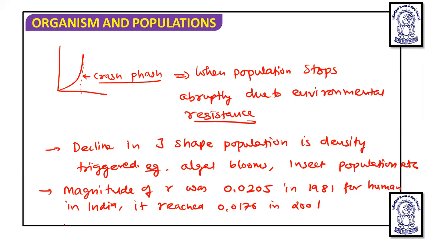Okay, so the r for Norway rat is 0.015, and for flour beetles it is 0.12. Okay, so you should remember this. And this is how the exponential growth curve occurs.